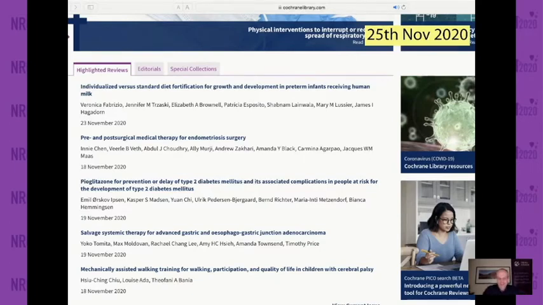They've searched the global literature and pulled out trials in quite diverse areas of research. So we have something at the top there looking at diet in preterm infants. We have a surgical one there, the second and right at the bottom. We have something about mechanically assisted walking for people or children with cerebral palsy. And the task is, let's look at those risk of bias assessments and see what they throw up.